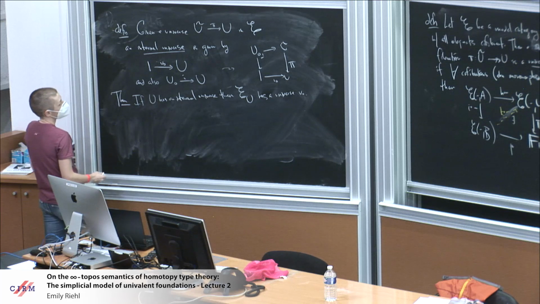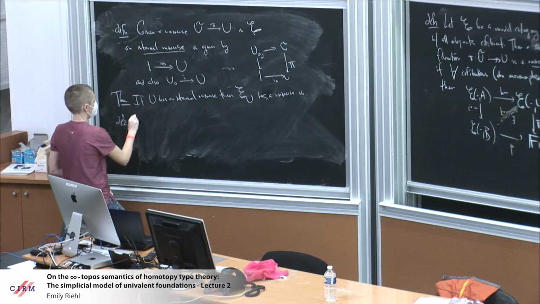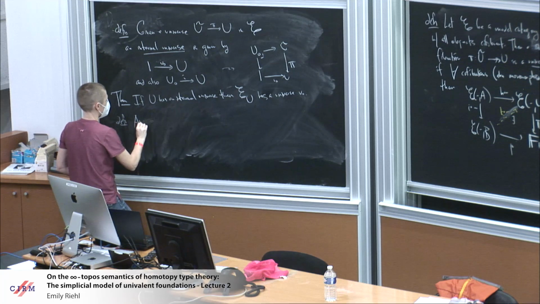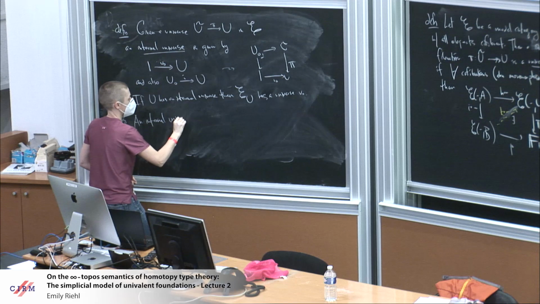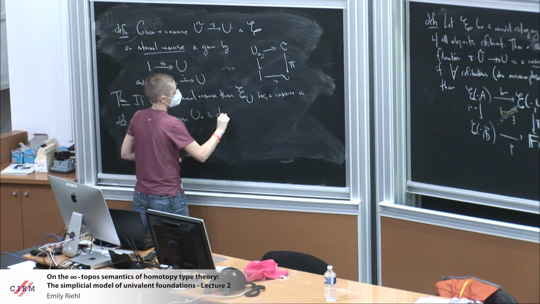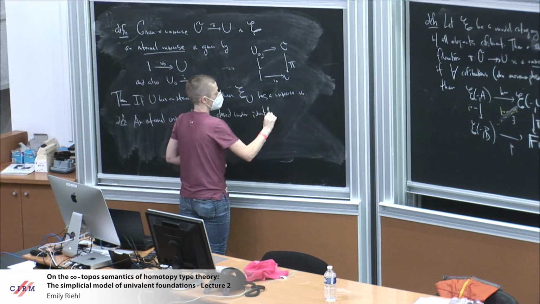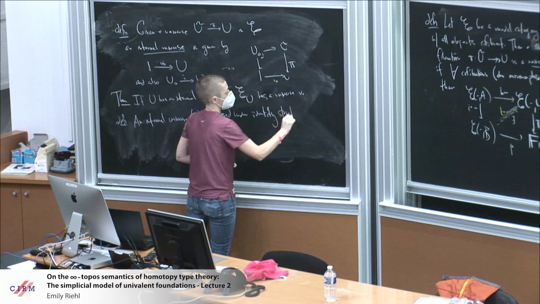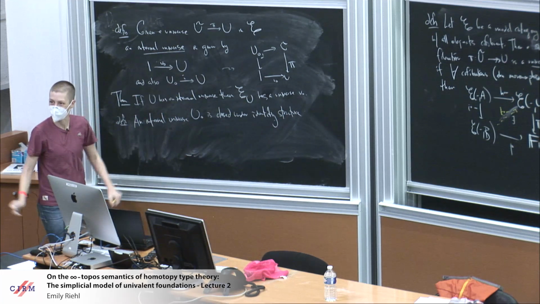So I can say that an internal universe U naught is closed under, let me say, identity structure, which is the type forming operation that I meant to discuss last time and is at least in the lecture notes.